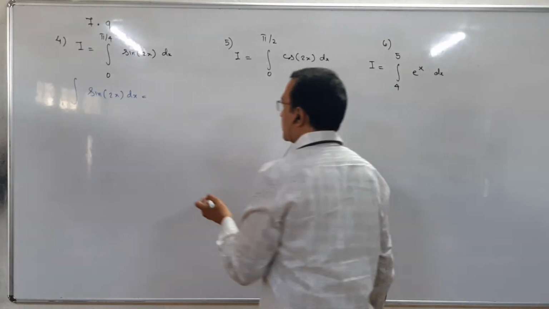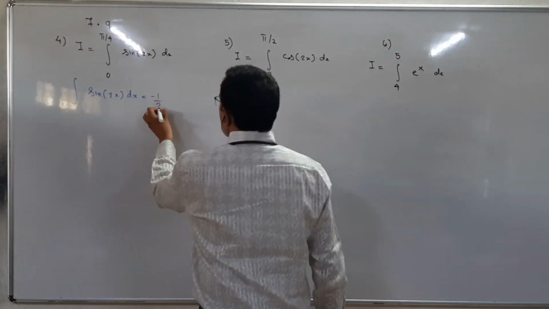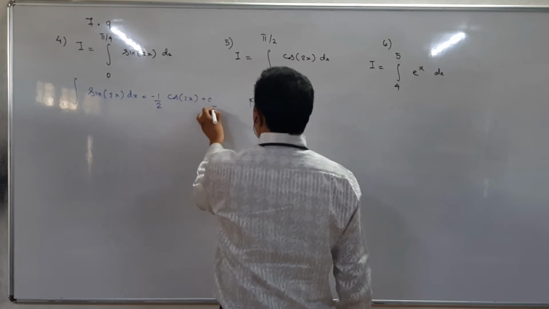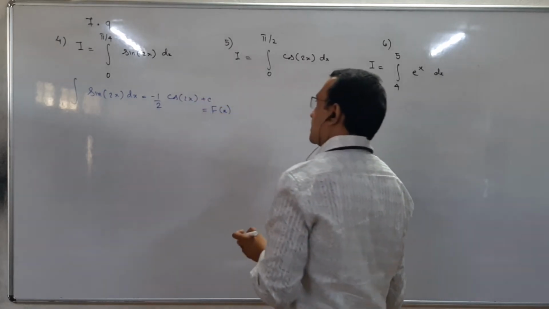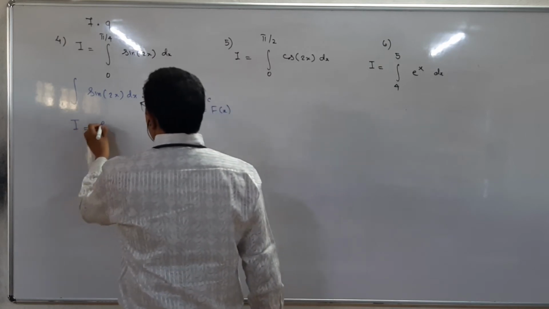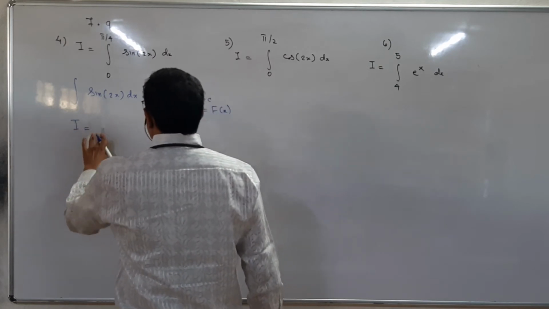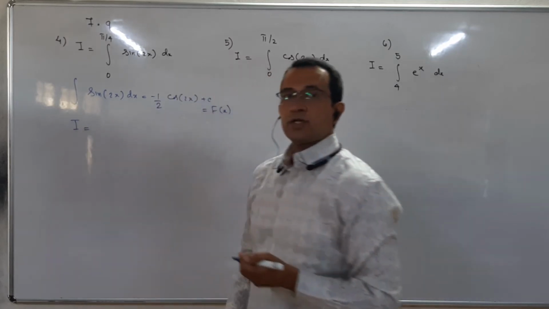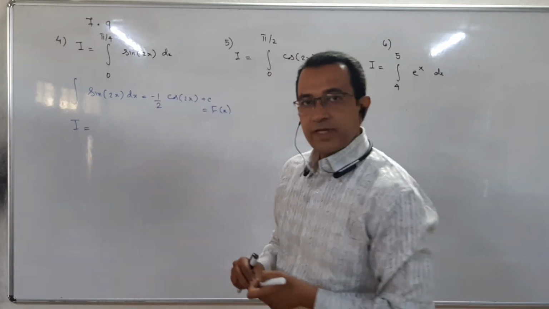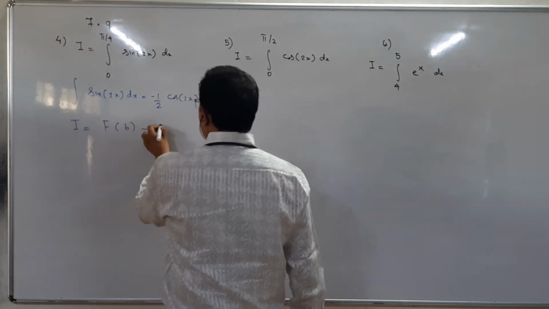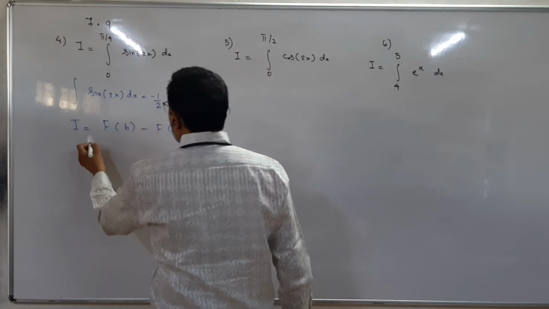So this will be minus 1 by 2 cos twice x plus c, and this is our capital F of x. So according to the second fundamental theorem of integral calculus, this will be f of b minus f of a.